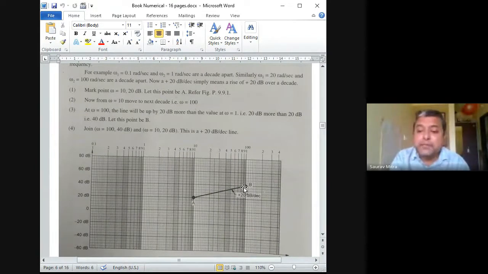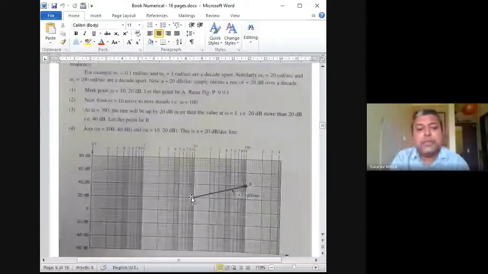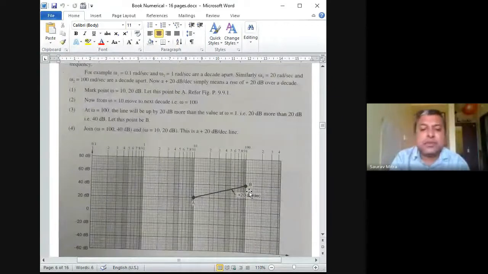So what is the point B? If you join point B and point A, this will have a slope of 20 dB per decade. So first decade, that means 10 will go to 100, and whatever the value of dB was here, add 20 to that. It was already 20, then we add another 20, so it becomes 40.